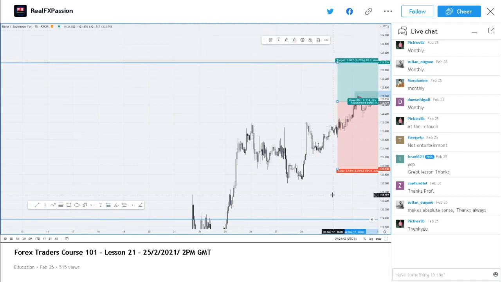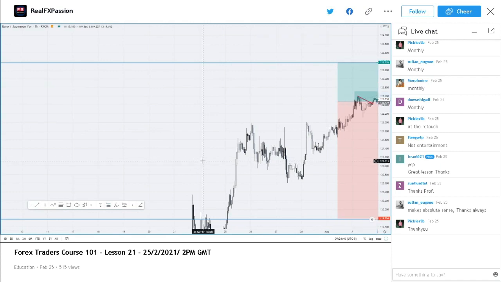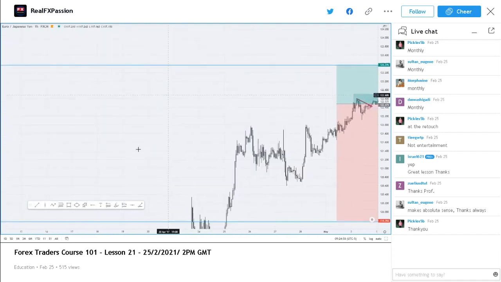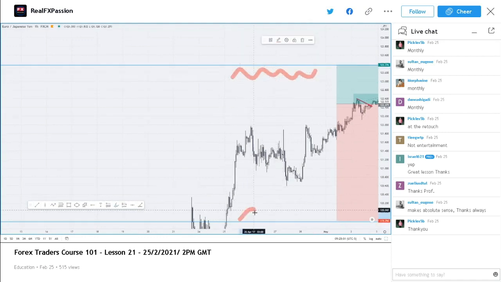We are near the area. So we have the blue line, we have a pivot point down in here, and a pivot point up in here, blue line, and a pivot point down in here from the monthly, right?